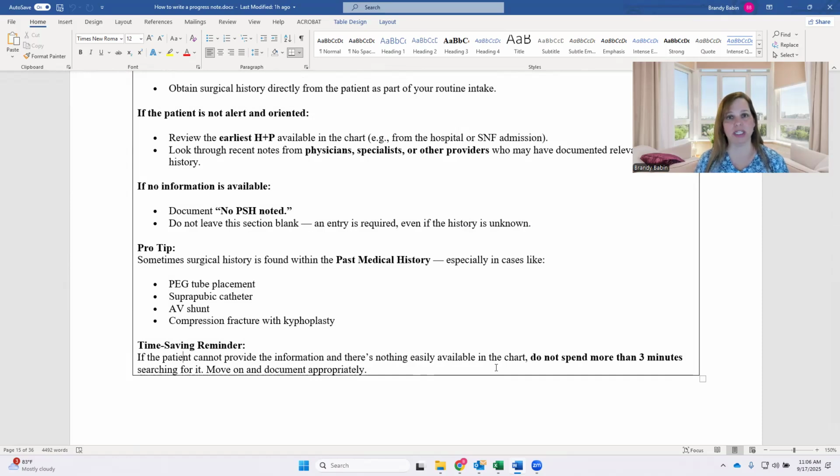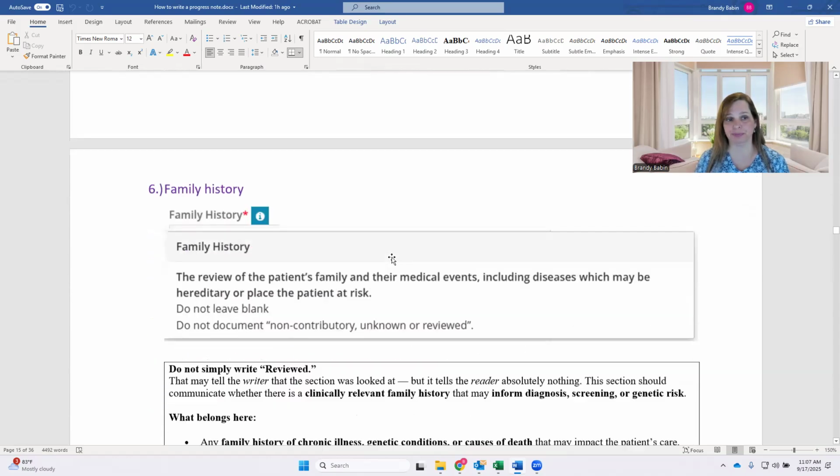So if you can't find it within 3 minutes, move on. If it's an alert and oriented patient, I'm expecting it to be there. If you didn't ask them the first time, you need to write a note, however you keep track of your patients, so that you ask them PSHX, past surgical history, on the next evaluation.